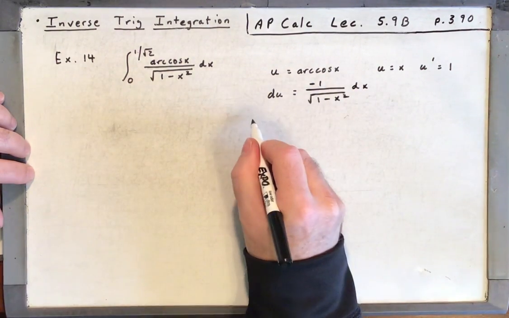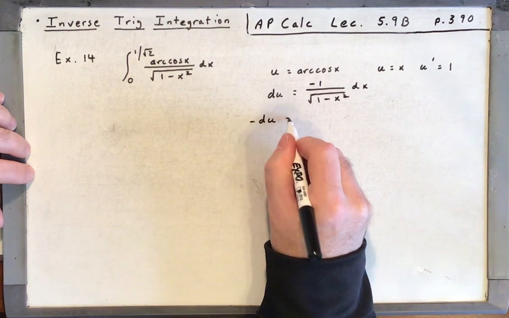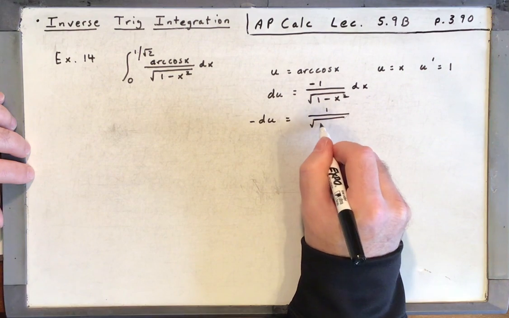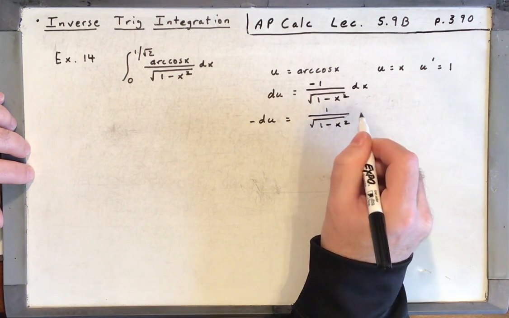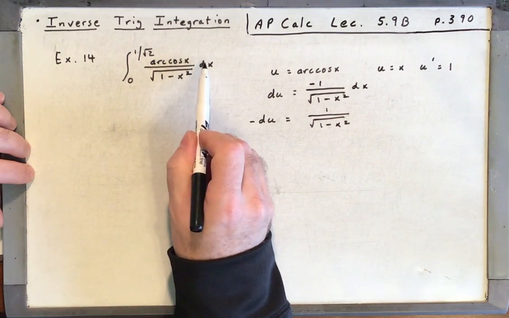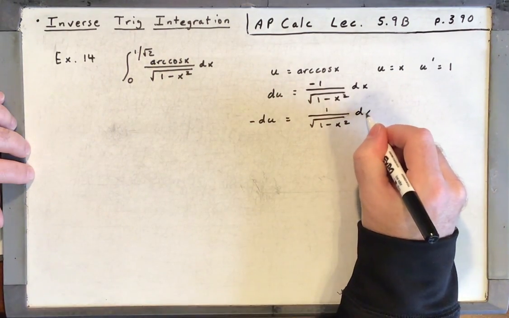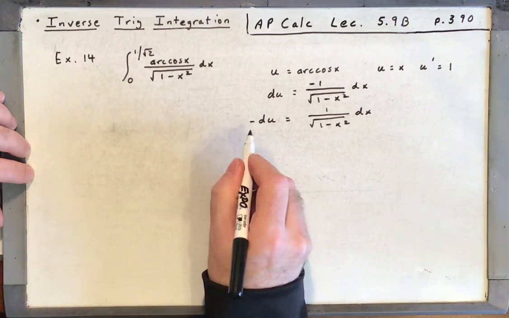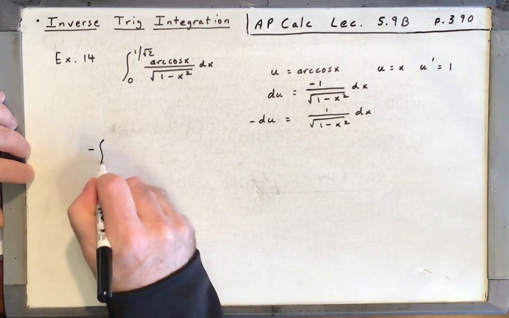And then if we bring this negative in front of du, it would be 1 over the square root of 1 minus x squared, which is exactly what we need. Okay, don't forget the dx over the square root of 1 minus x squared. So don't forget the minus out front.